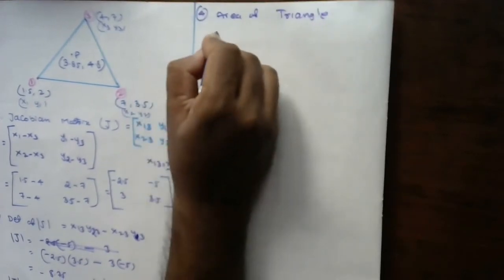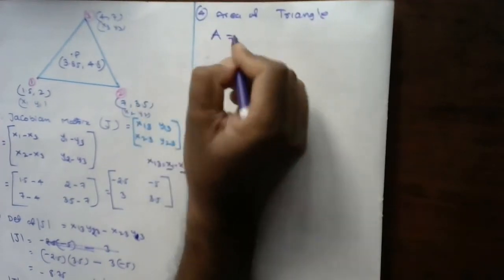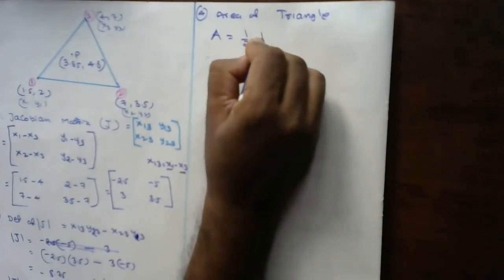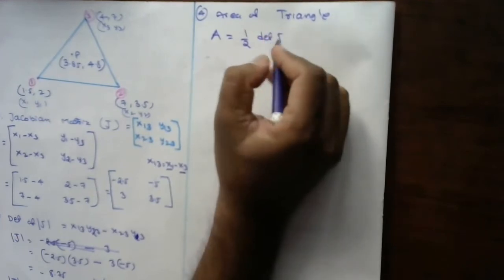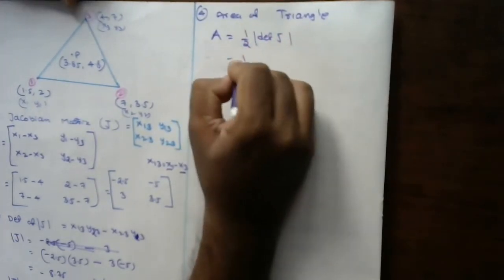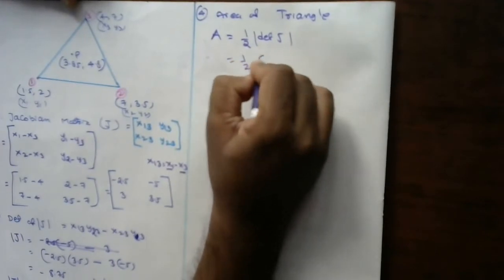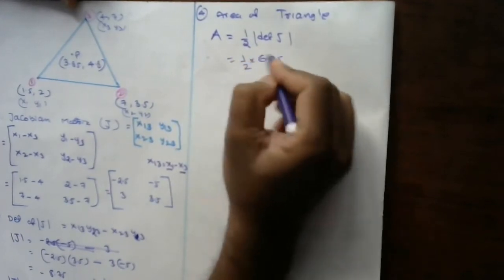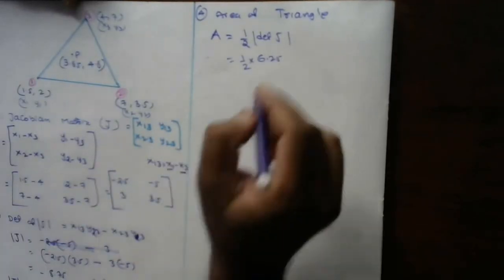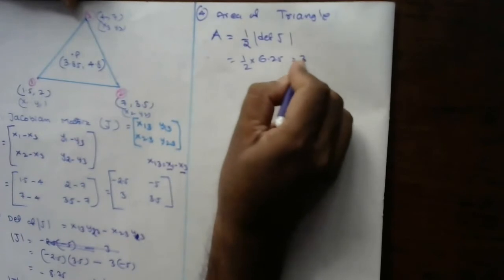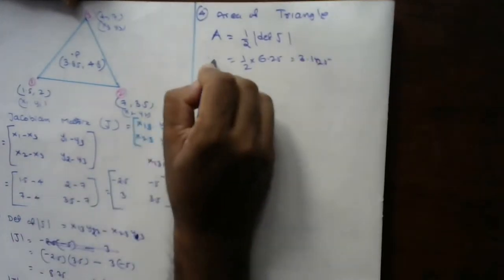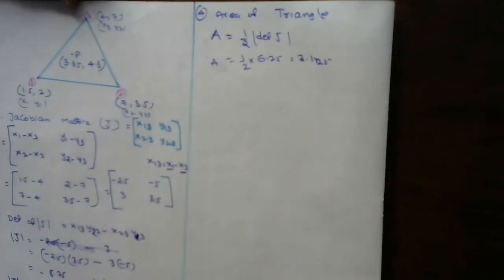The area of the triangle A is equal to, as I know from the previous class, half into the determinant of J. Here the determinant of J is 6.25, into half, and this gives the value of 3.125. So this is the value of the area.